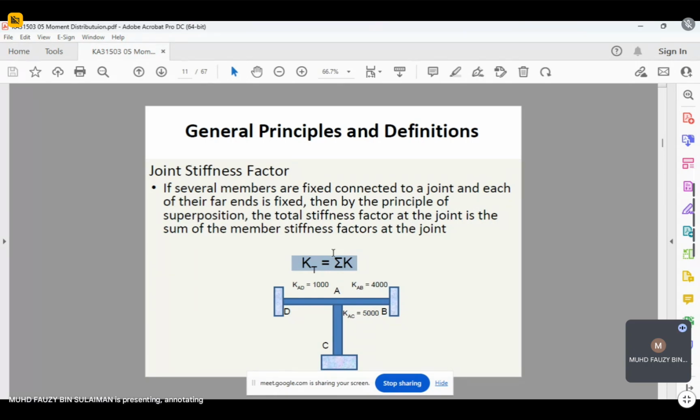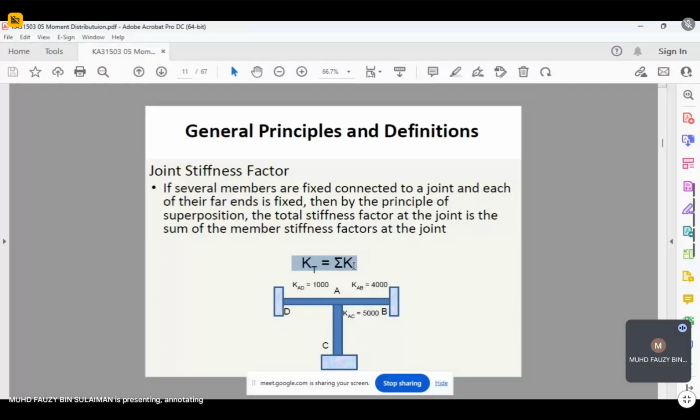The joint stiffness factor is the summation of the stiffness. This is joint A. Joint A is connected by beam AD, beam AB and column AC, so we have the joint stiffness factor at A. The total stiffness factor KT is equal to the summation of K. KAD is 1000, KAB is 4000 and KAC is 5000.